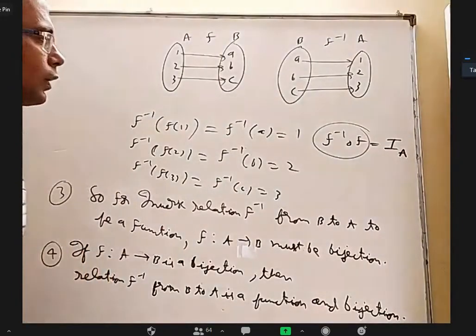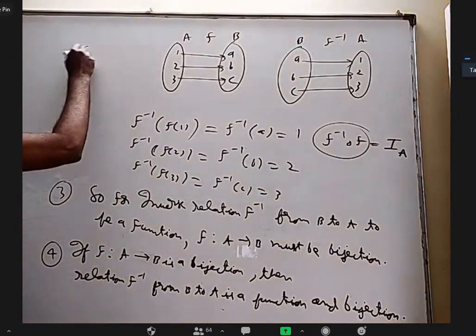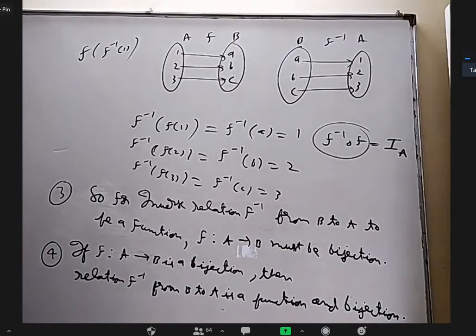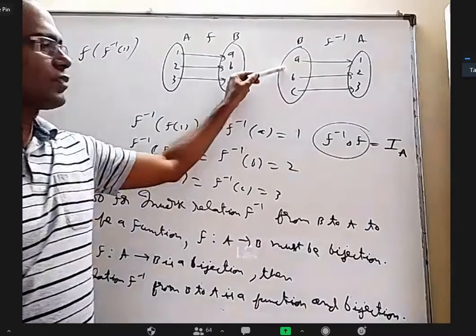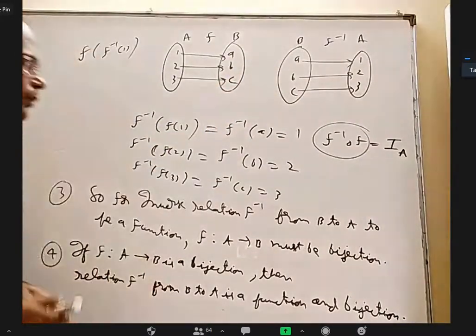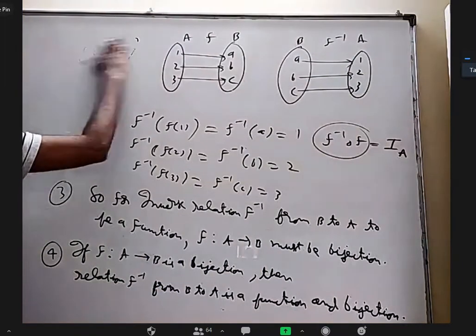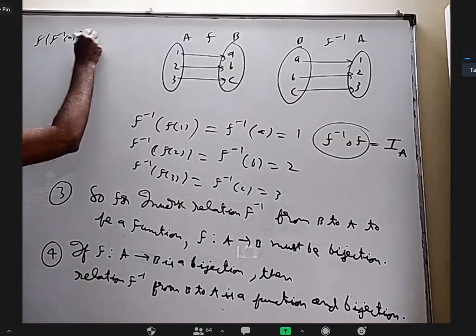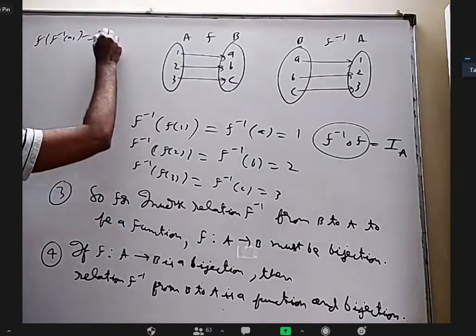Okay, let us talk about f of f inverse of 1. Is it a correct question, first of all? No. We cannot talk about f inverse of 1. f inverse of A you can ask me, f inverse of B, f inverse of C, but not f inverse of 1. If I talk about f of f inverse of A, what is f inverse of A? 1.